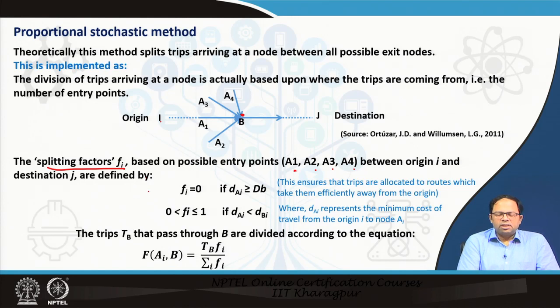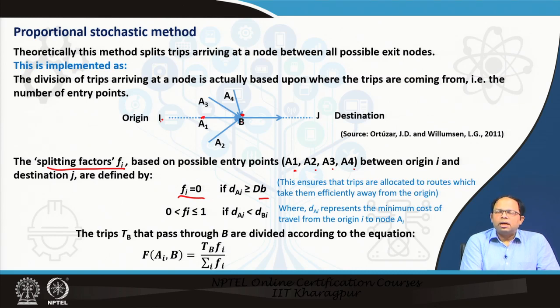This splitting function is defined as Fi equal to 0, that means there is no split, there is only one flow, if dAi is greater than dB. Here dAi means the total distance from I to Ai.